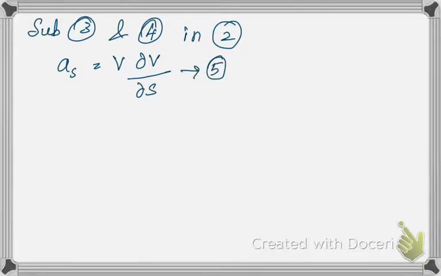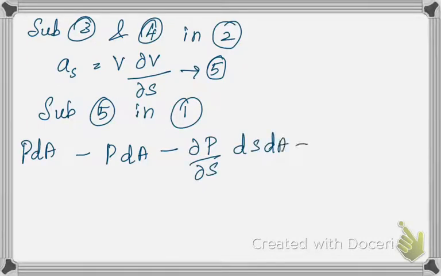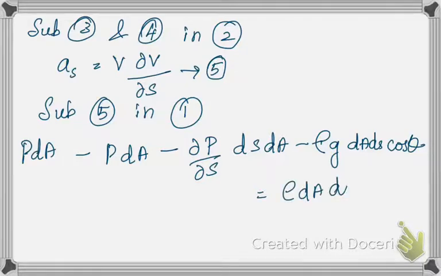Now we can substitute 5 in equation number 1. So it becomes pdA minus of p into dA minus of dou p by dou s into ds into dA minus rho g dA ds cos theta, which is equal to rho dA ds into v into dou v by dou s.